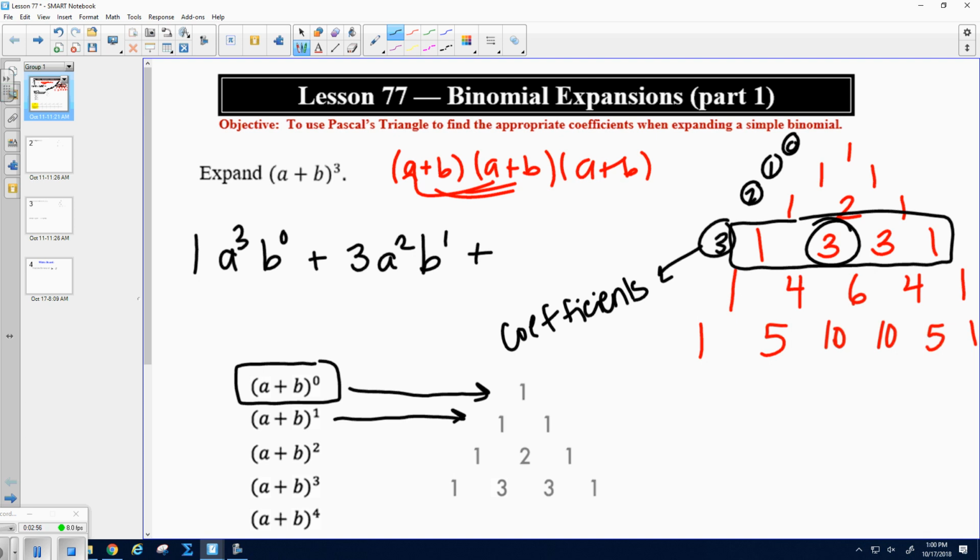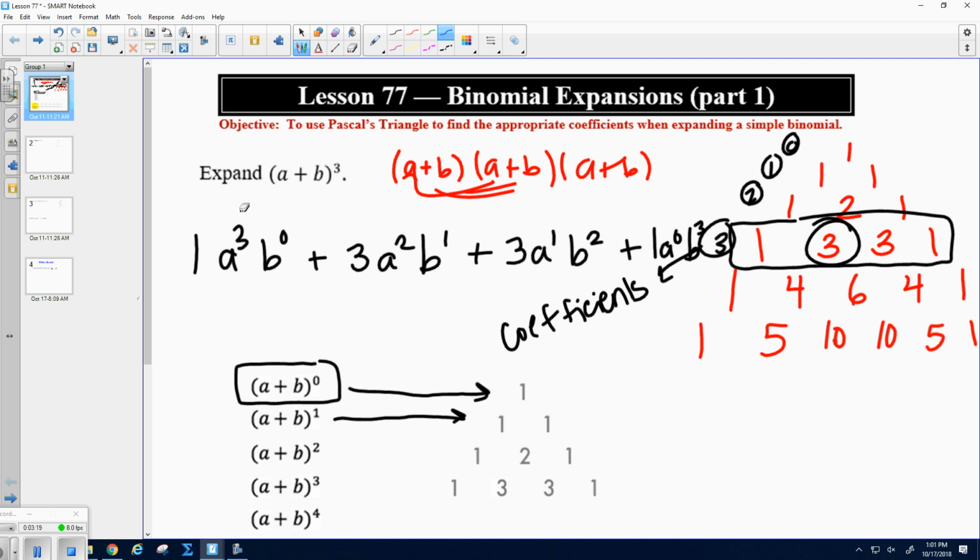All right, so the a's are descending and the b's are ascending. And now I have a 3. And I went 3, 2, and now my a is a 1. And my b is a 2, because my b is increasing from the last one. And now my last coefficient is a 1, and I get a to the 0 and b to the 3rd.